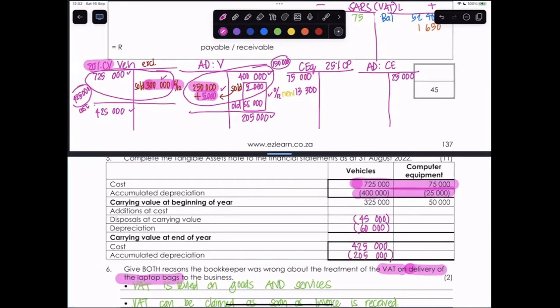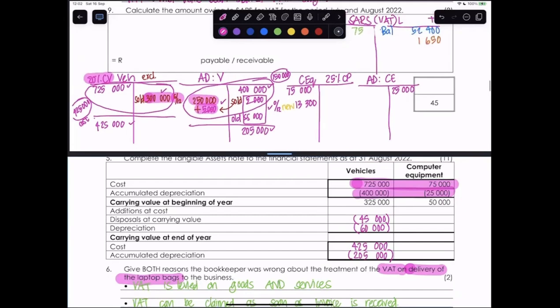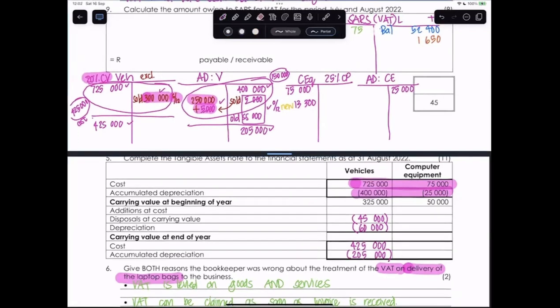The computer equipment we'll need to also now work through. Obviously, we've got depreciation that we're going to need to calculate on the old, and this is nice and very simple because it's simply taking your 75,000 that was the balance over here and timesing it by the 25% that was given, and then you would add that to your accumulated depreciation.